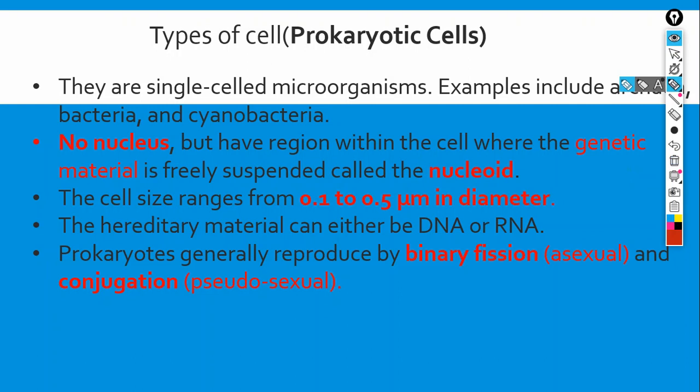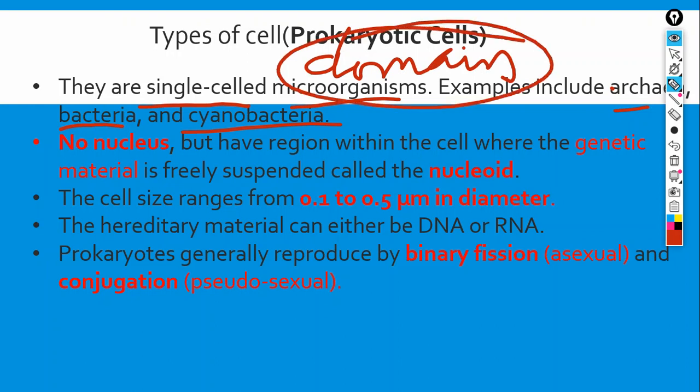So prokaryotes are single-cell microorganisms, and examples are the archaea, bacteria, and cyanobacteria. This is used to classify organisms into domains.